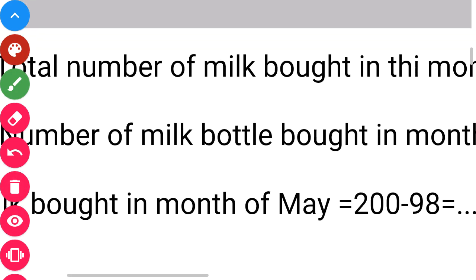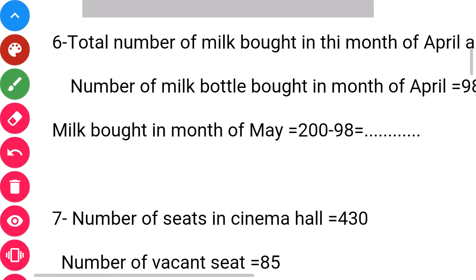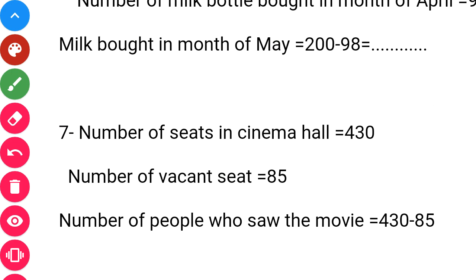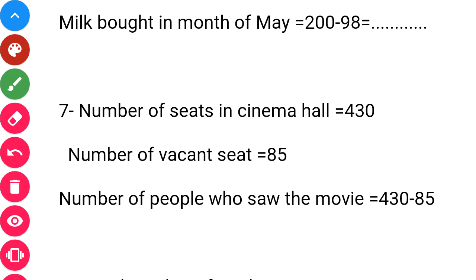Great. Let us do question number 7. Number of seats in the cinema hall equals 430. Number of vacant seats equals 85.